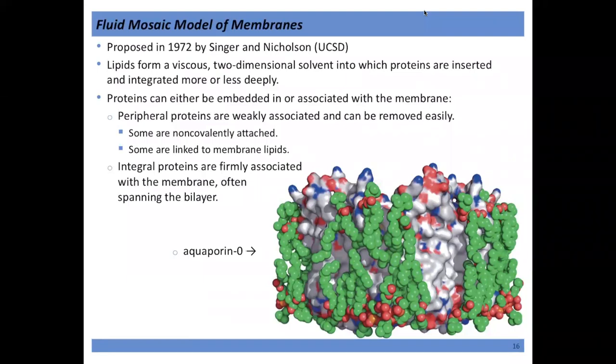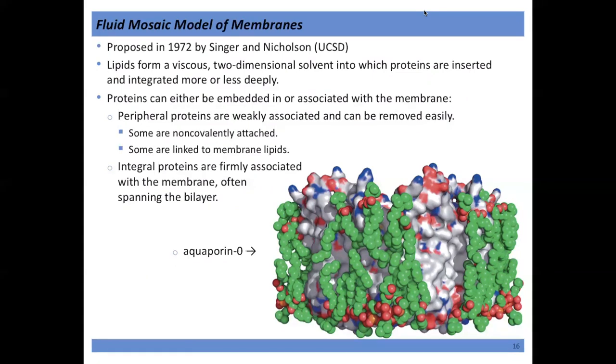It was proposed in 1972, and the thought was that in this fluid mosaic model, if you actually take that name, the membrane is going to be fluid and it's going to be a mosaic, meaning that it's not going to be organized. You're going to have lots of different parts. Just Google mosaic if you want to see some mosaics, and you'll understand what they are trying to convey with that name.